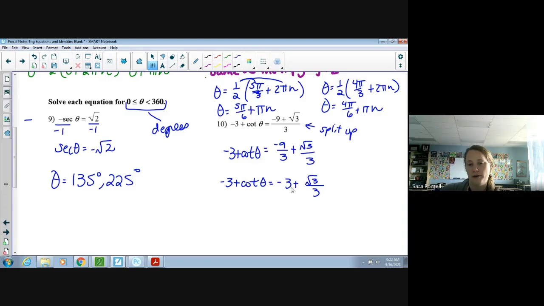Add the 3 to both sides. And those 3's will cancel, and those 3's will cancel. Now we're looking for when cotangent is √3 over 3.